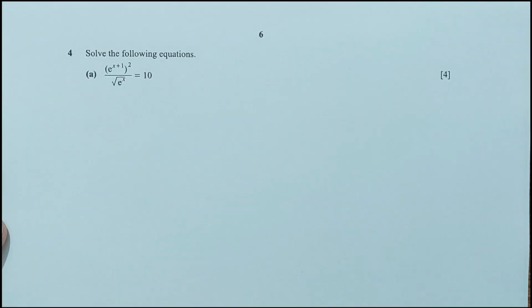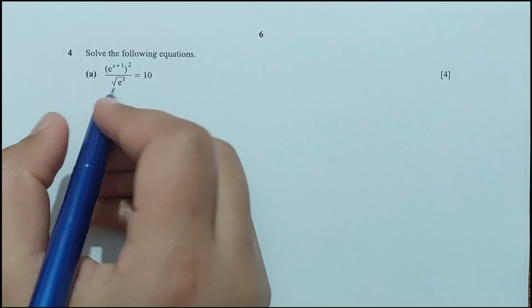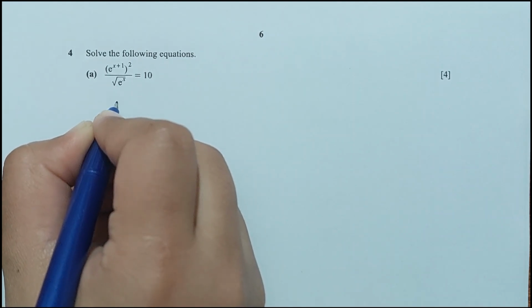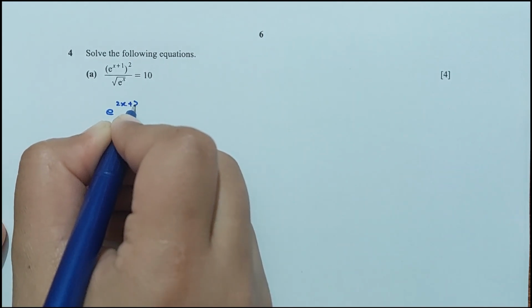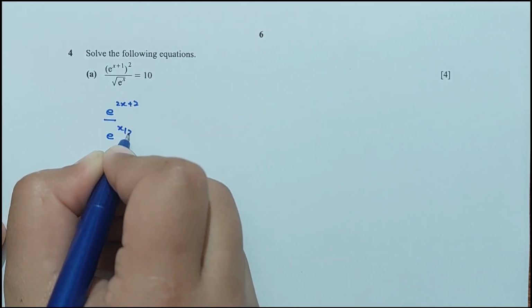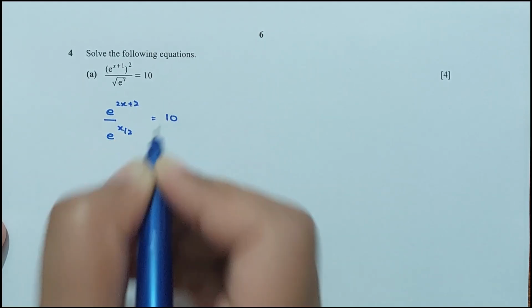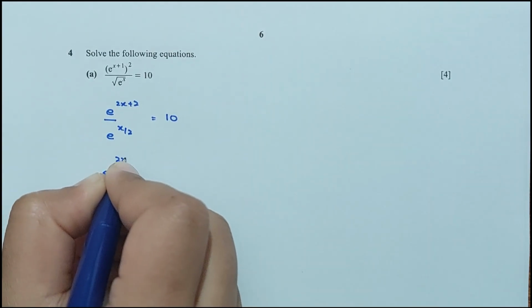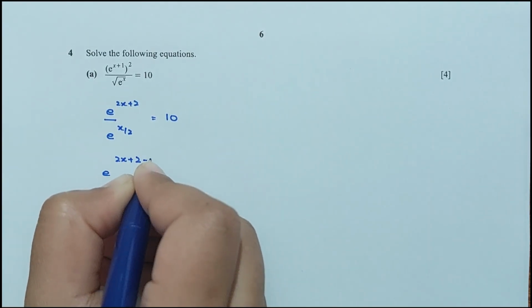Part A. Let me simplify this. This is e to the exponent 2x plus 2 over e to the x by 2, and this equals 10. For the simplification, we have e to the 2x plus 2 minus x by 2.